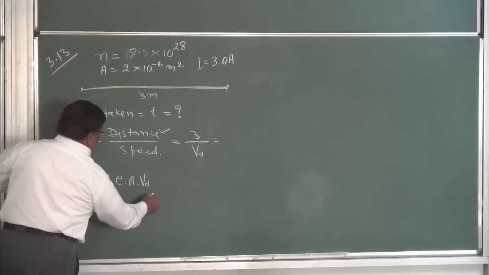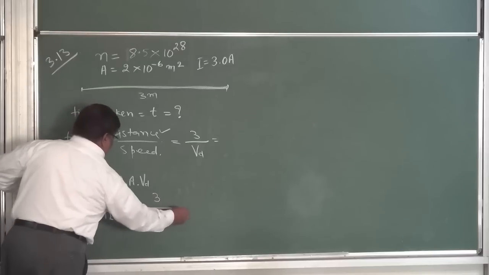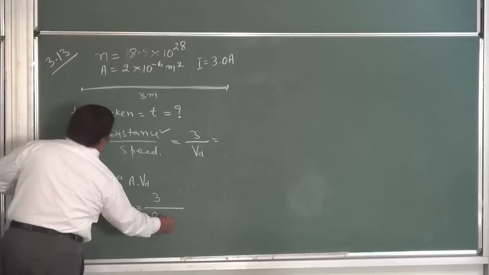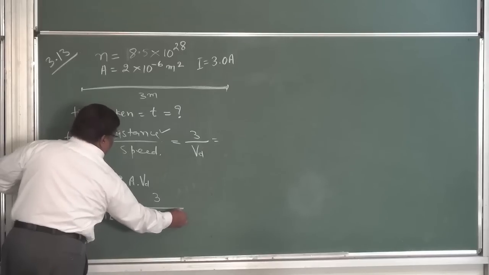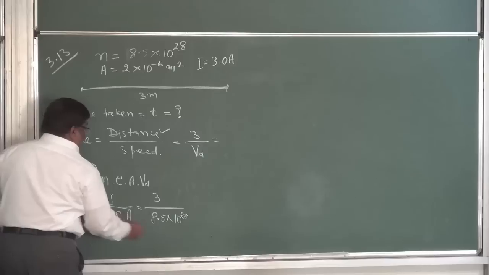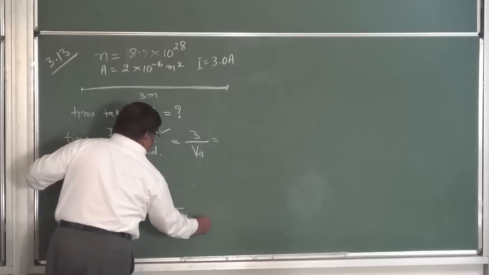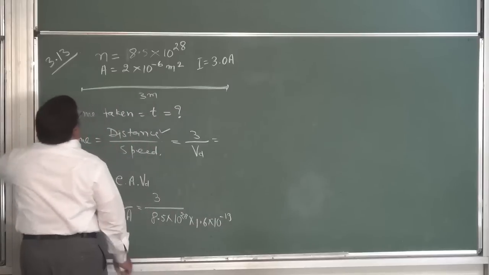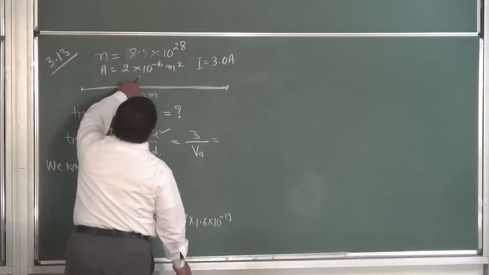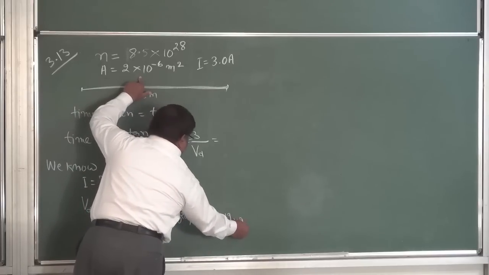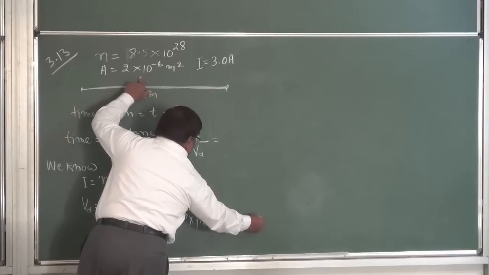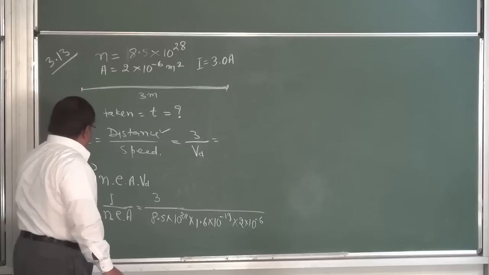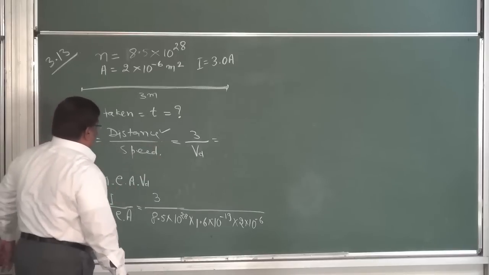Current is equal to 3, n is given as 8.5 into 10 to the power 28, e is 1.6 into 10 to the power minus 19, A is given as 2 into 10 to the power minus 6. These are the quantities we put in for drift velocity.